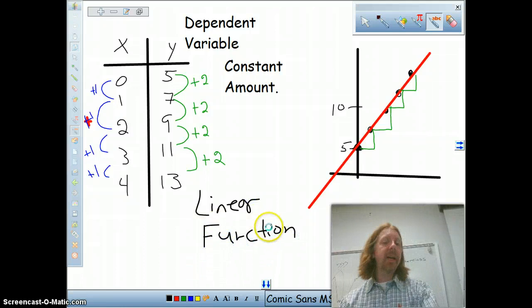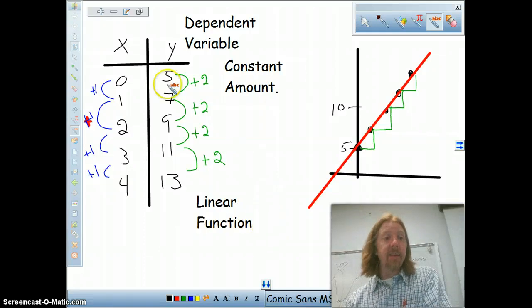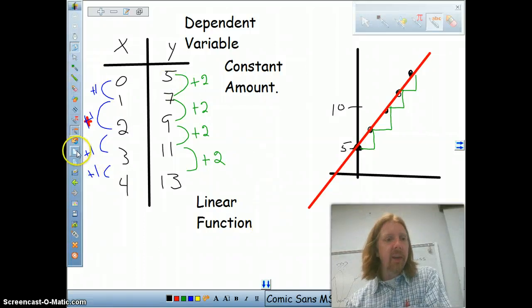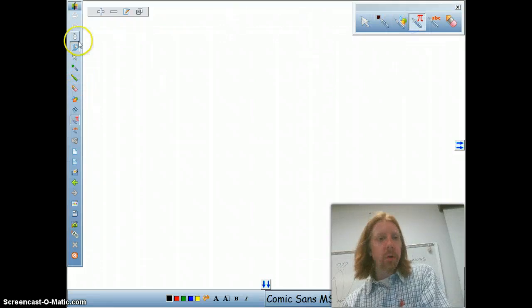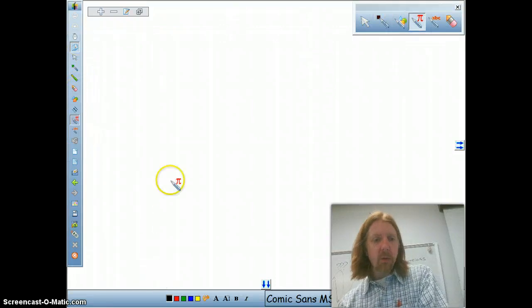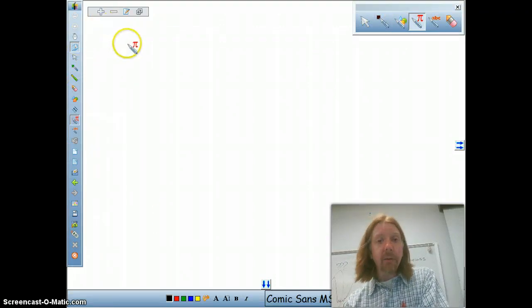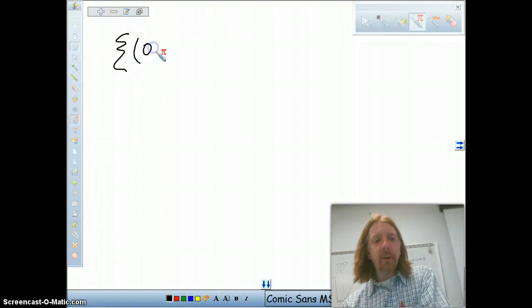Now, what might it look like if it's not a linear function in this context? So let's take another example. Let's say I have a collection of ordered pairs. So first I'll write it as a collection of ordered pairs in order to help organize what I'm going to do. I have 0, 2.